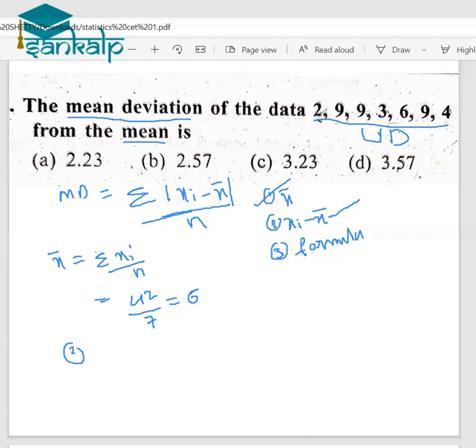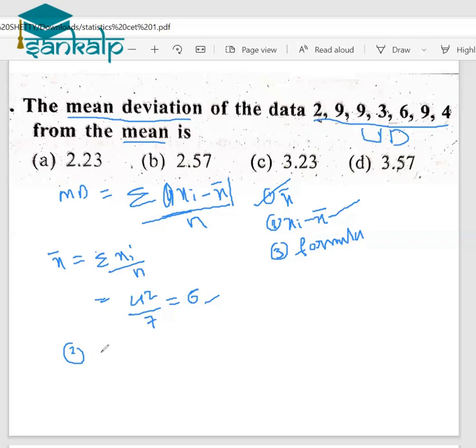So 2 minus 6 will be the first deviation, 9 minus 6 the second, then 3 minus 6, 6 minus 6, 9 minus 6, and 4 minus 6. 2 minus 6 is minus 4, but take the positive value. 3 minus 6 is minus 3, but since we are using absolute deviation, modulus value, we need to take the positive values.